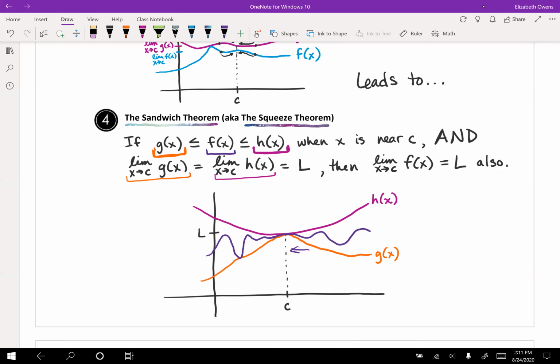It is getting forced to have that same exact limit. So that's what's going on with this sandwich theorem or squeeze theorem. f of x is getting squeezed or sandwiched between the two other functions, and it has nowhere else it can go except to go to the same limit. So we'll see how to use this in the next video.